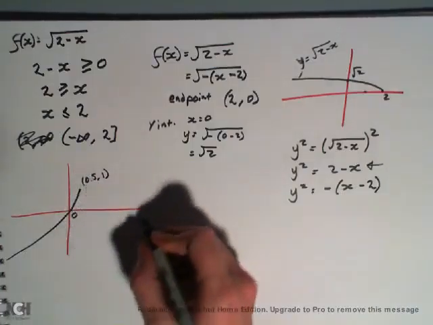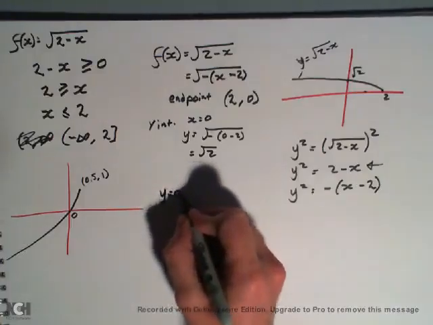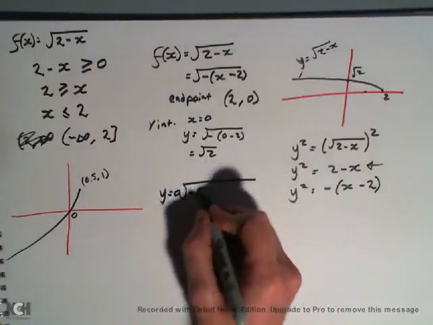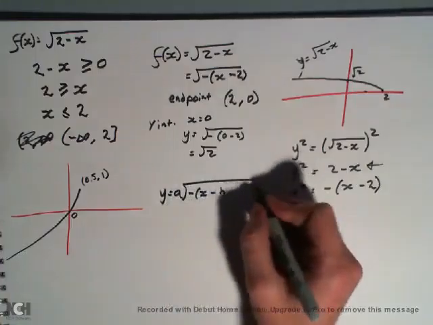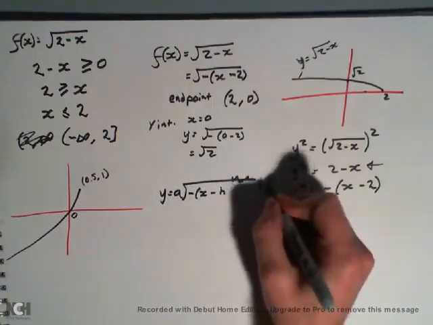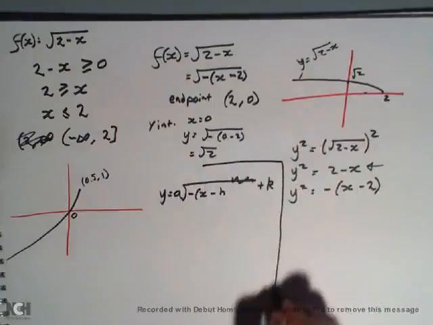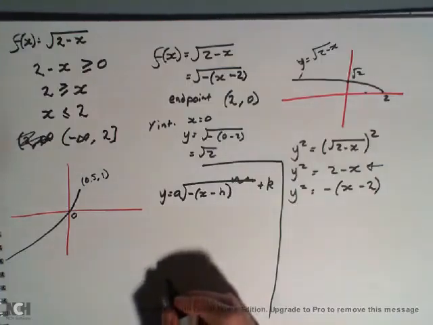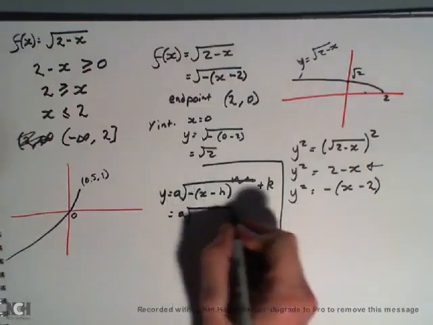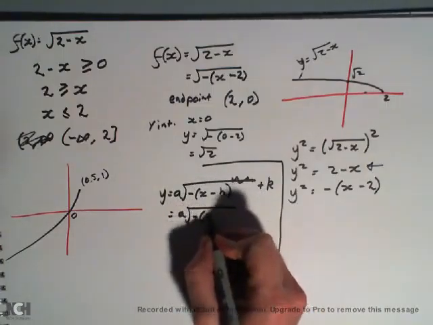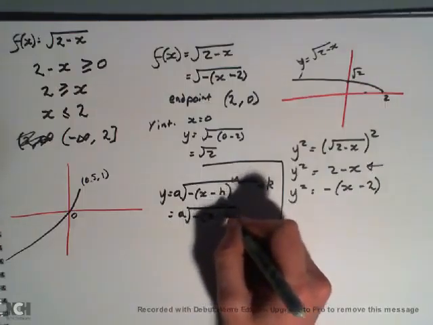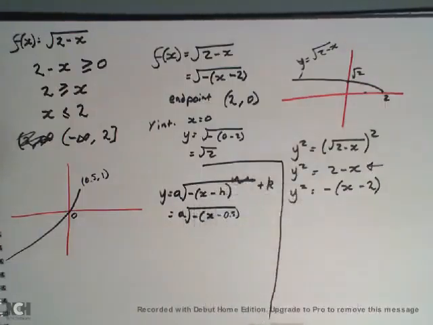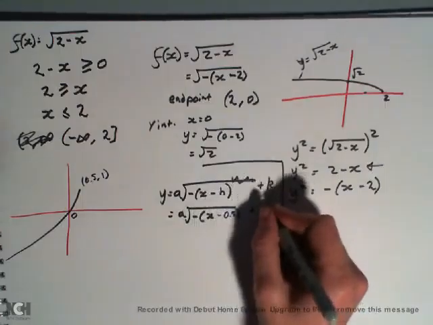So let the equation, okay, we've got our general formula. We've got an endpoint at 0.5 and 1, so we can say a is the square root of x take 0.5, and it's been moved up 1.